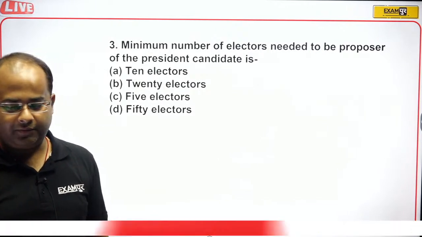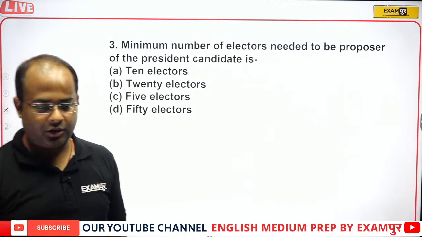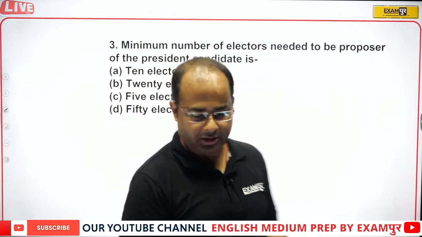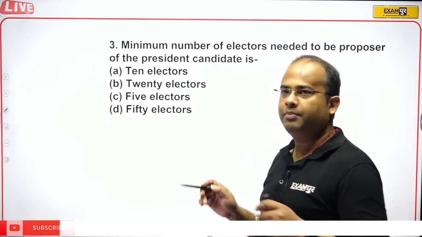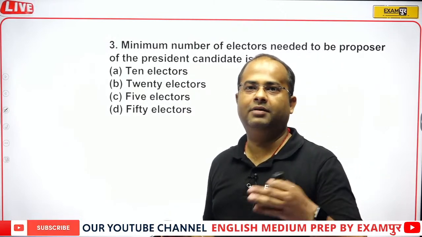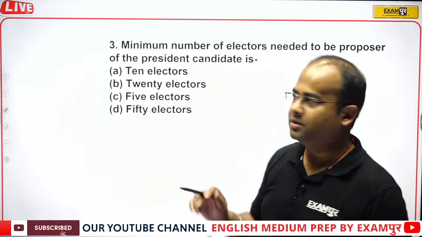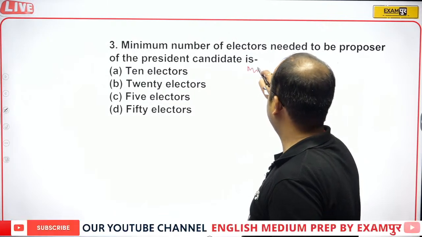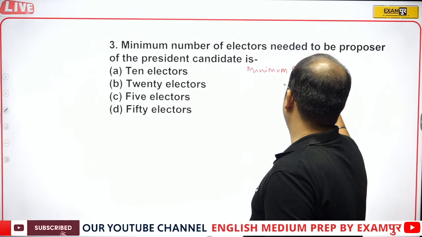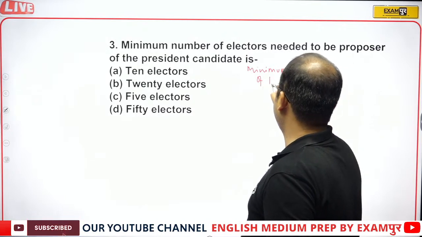10, 20, 5 or 50, that I have discussed earlier also, but some of you, due to the lack of revision, must have forgotten this. See, whenever a person wants to contest the presidential election, it does not mean that anyone can contest. For this, minimum support of 100 MPs is needed.